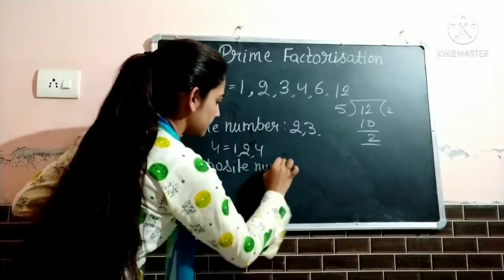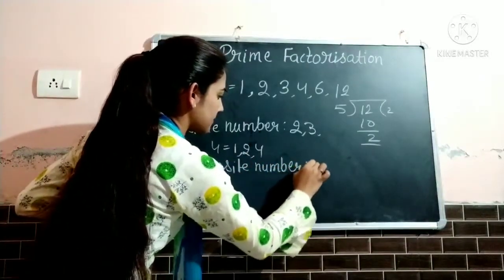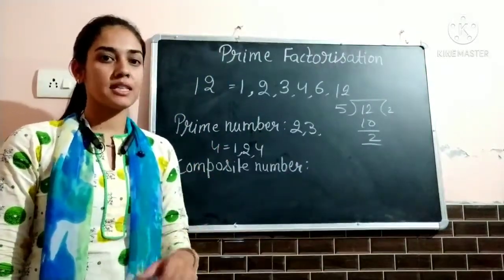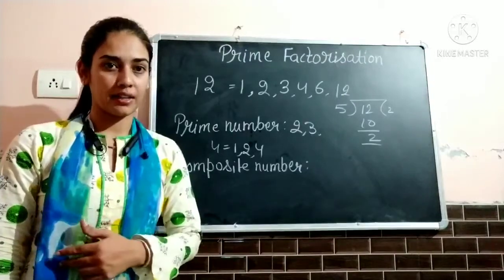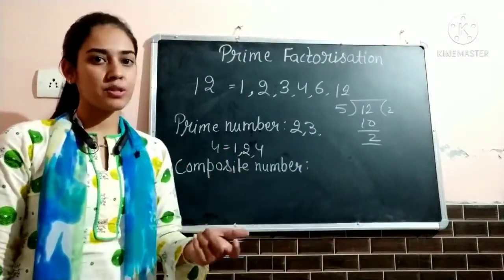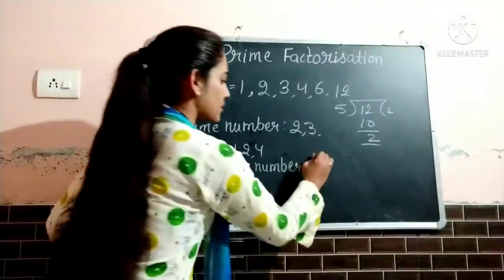So what is a composite number? Composite numbers are those numbers that have more than two factors. Like 4, 4 is a composite number.